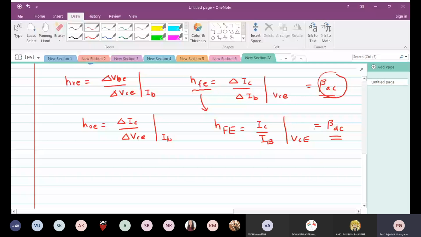Now when I talk about the second configuration, that is the common collector configuration H parameter model, let me first draw the circuit diagram.